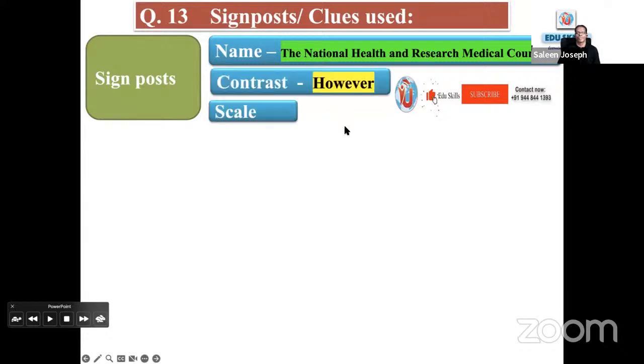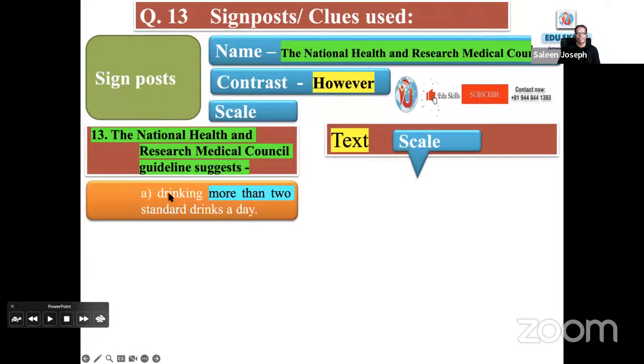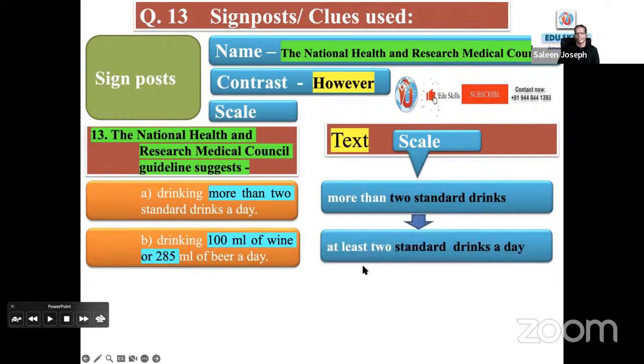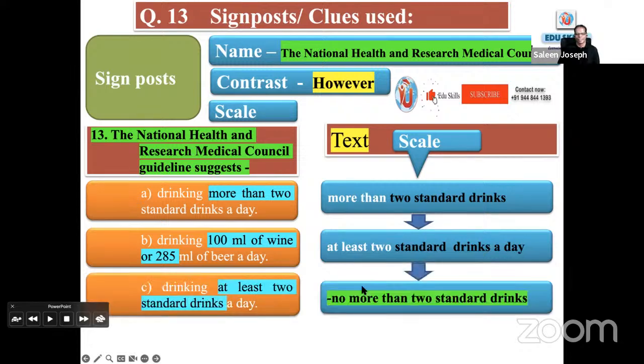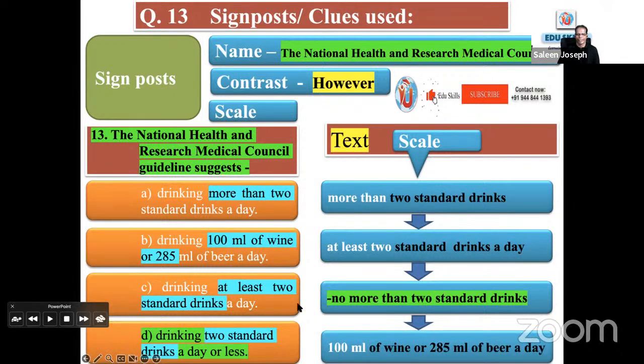Contrast word, however; scale, guidelines suggests. The text says, the question says, option A says drinking more than 2 standard drinks a day. Now, at least 2 standard drinks a day, no more than 2 standard drinks, drinking 2 standard drinks a day or less. That is 100 ml of wine or 285 ml of beer a day.